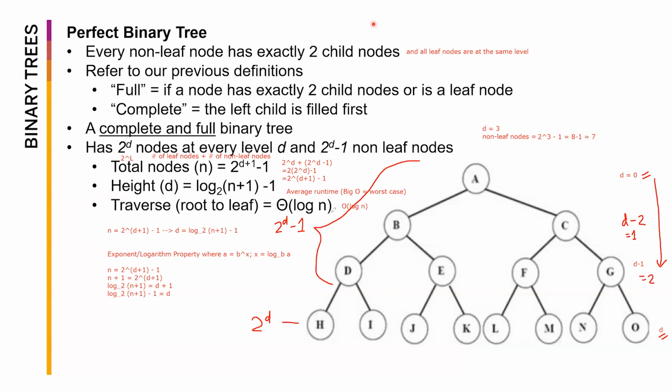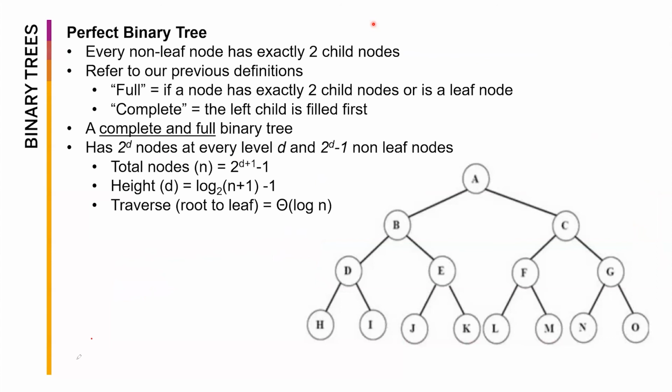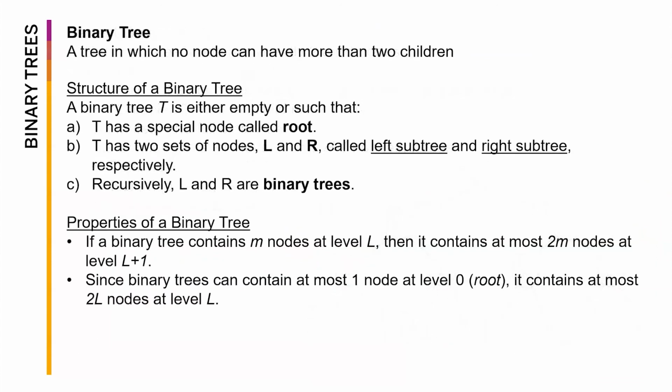Now you might be wondering why this is important, because later on we will discuss some operations on a perfect binary tree or on binary trees in general. So we clear the drawing. Now we add that last property for binary trees.